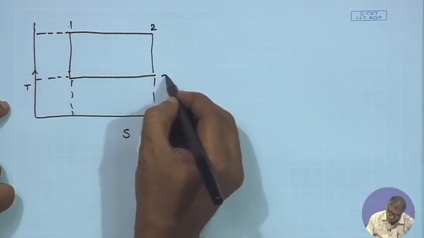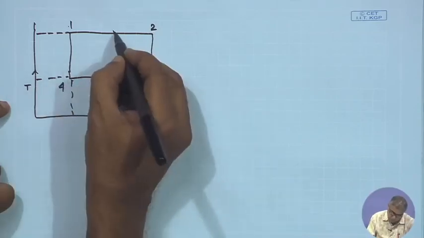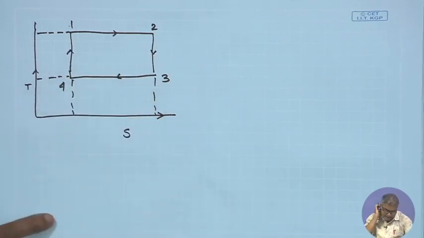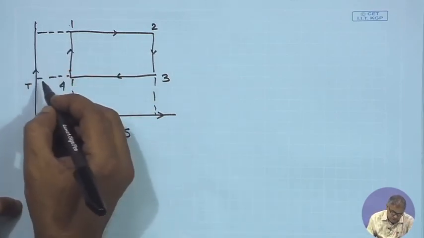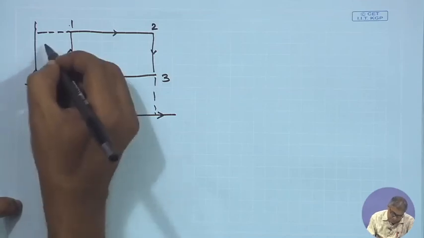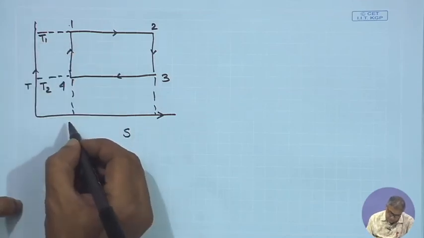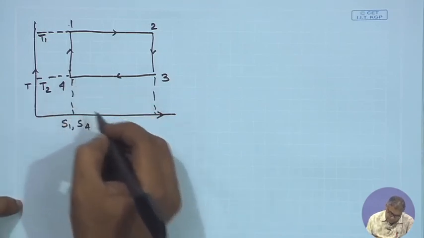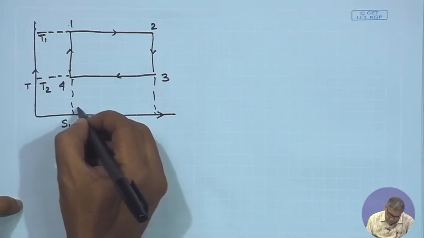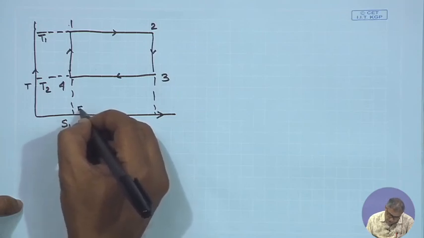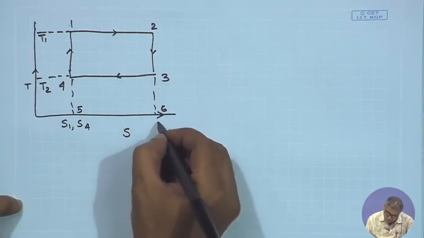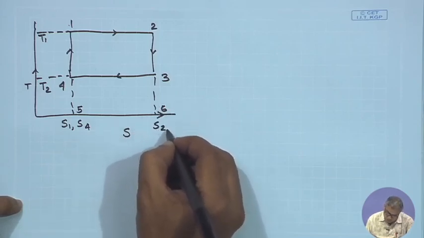One, 2, 3, 4, and let us say this is your T2, this is T1, this is S1 and S4. Let me denote this point as 5 and this point as 6, and this will be S2, S3.